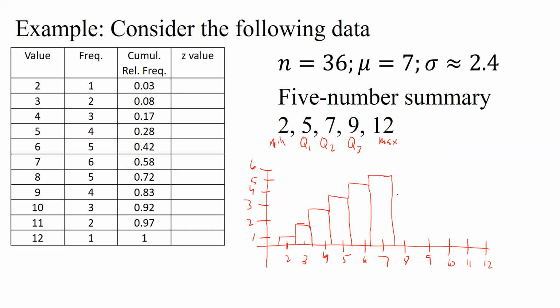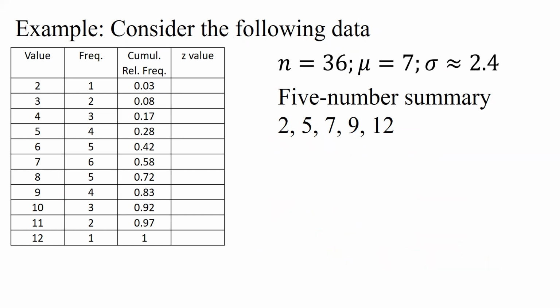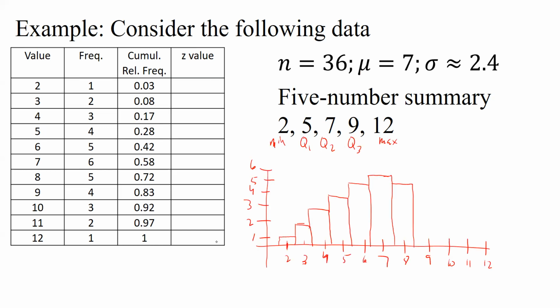And then it looks like it just goes back the other way. So 8 is 5. 9 is 4. Oh, no. There we go. All right, sorry. 9 is 4. 10 is 3. 11 is 2. And 12 is 1. Okay, so does it look mound shaped?